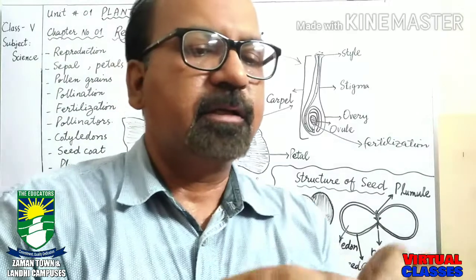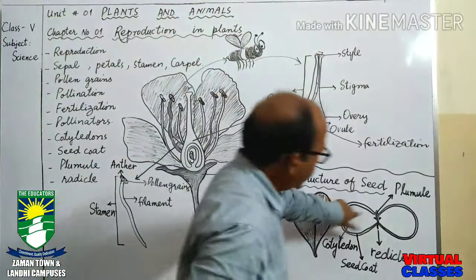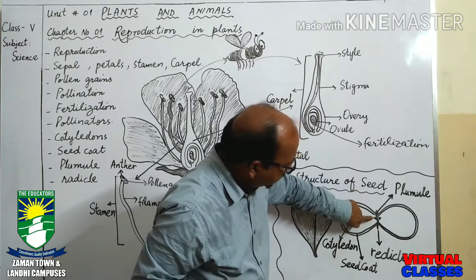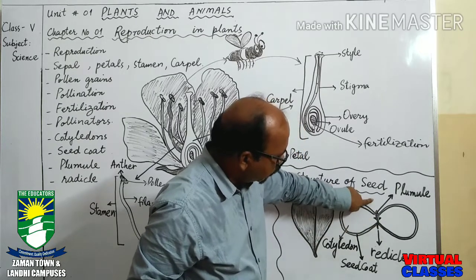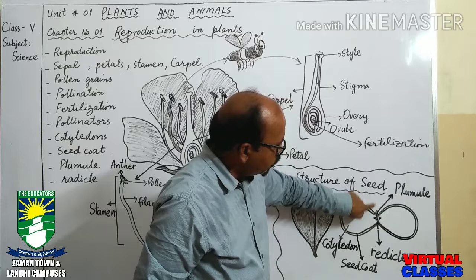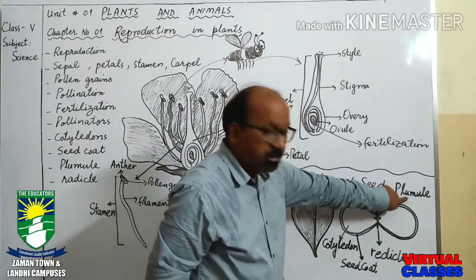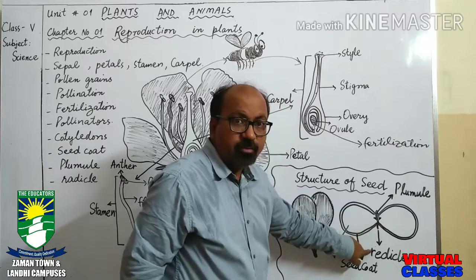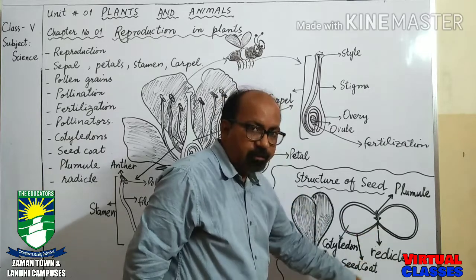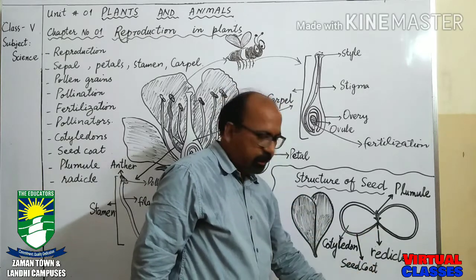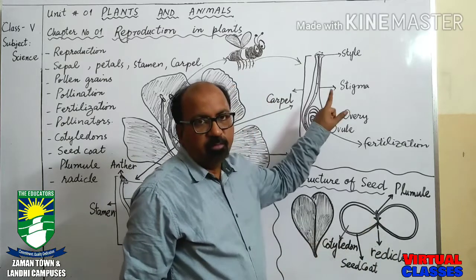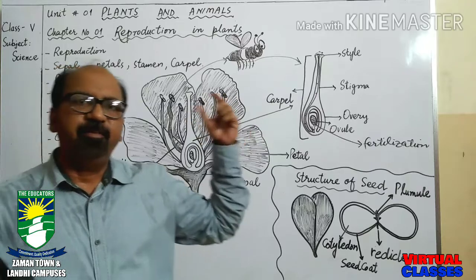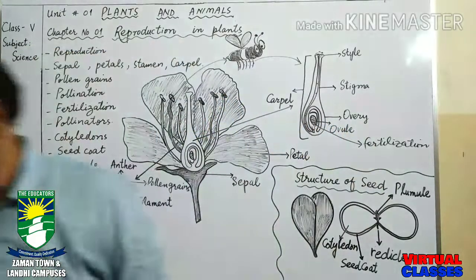So these are two cotyledons, and the upper part will change into the shoot, which arises from the plumule, and the radicle changes into roots. Roots go downward towards the water and the shoot goes upward towards the light, because they will get the light and then prepare the food for themselves.